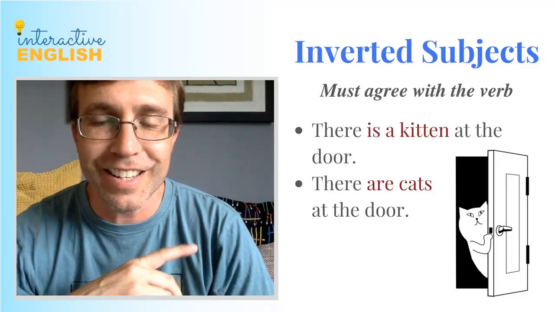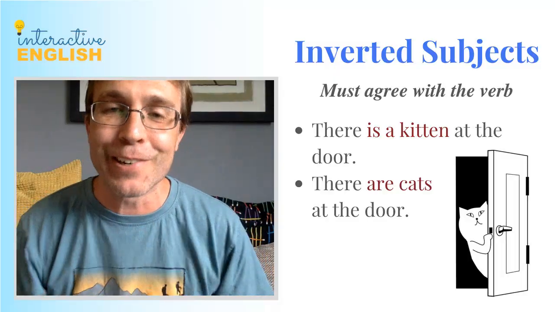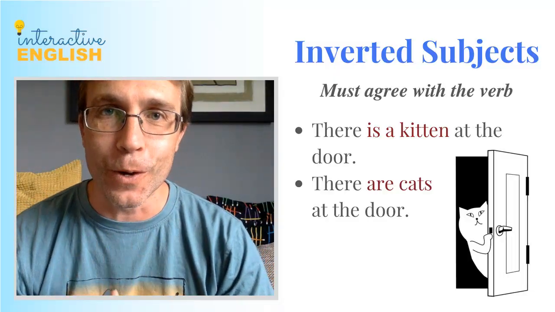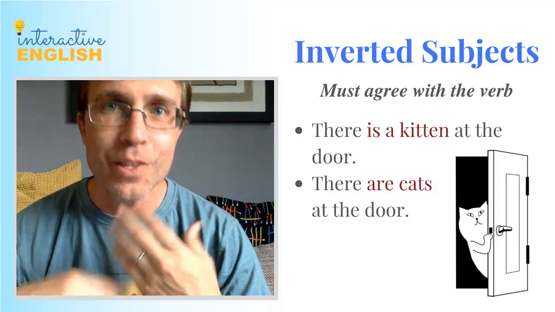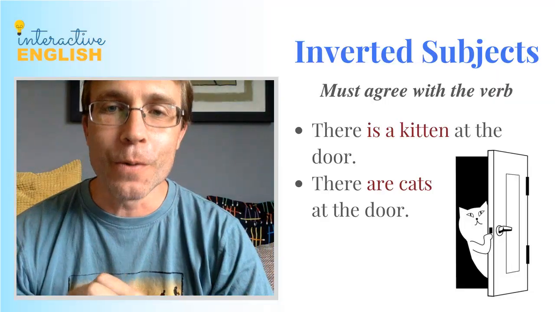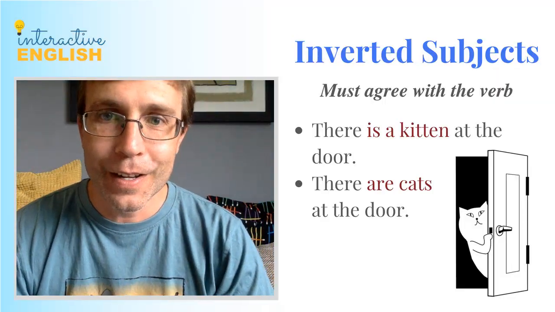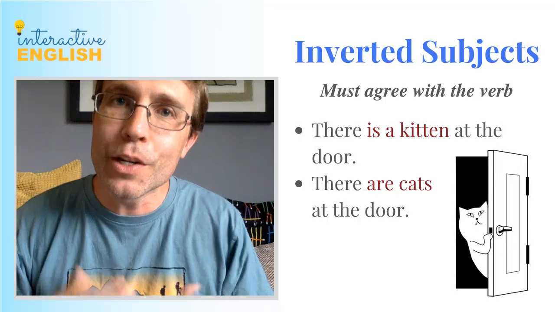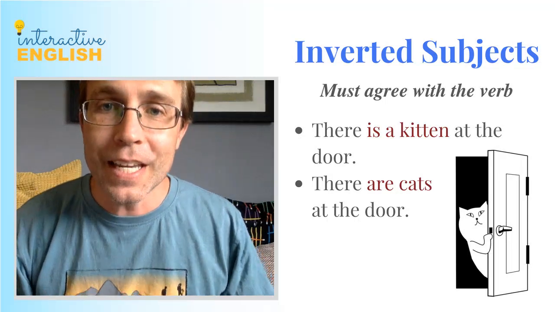So let's look at, and I just love that picture. I could say, there is a kitten at the door, all right? And when we use there, it's basically saying something exists. So there is a kitten at the door. Kitten is singular, so we're going to use the singular verb is.